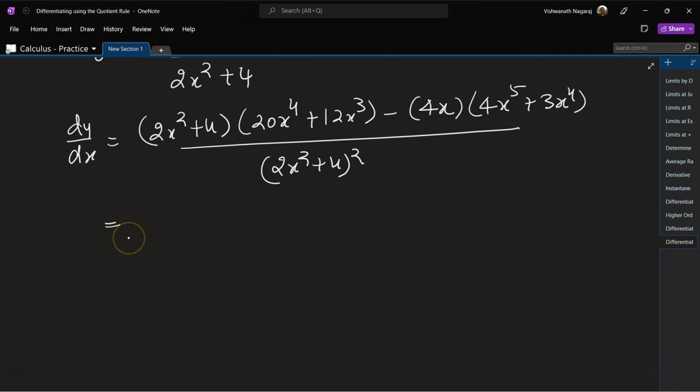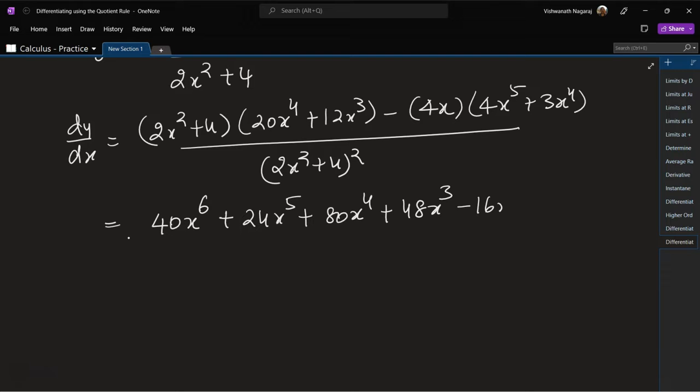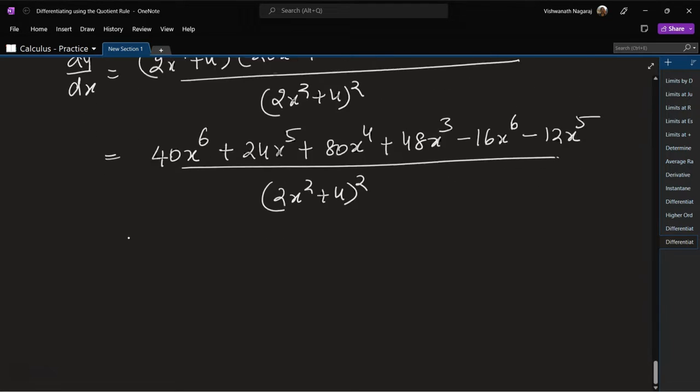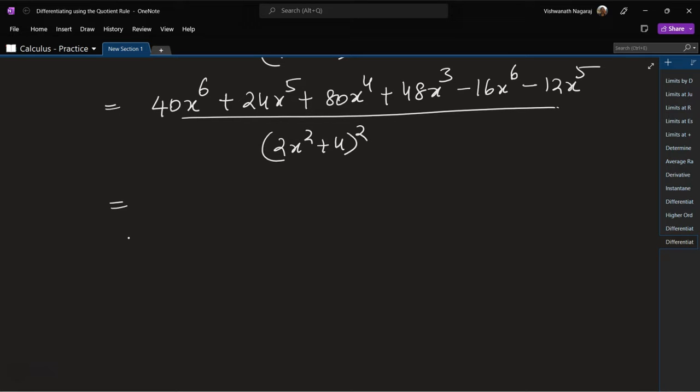Okay, which is equal to 40x^6 plus 24x^5 plus 80x^4 plus 12 fours 48x cube minus 16x^6 minus 12x^5, divided by 2x square plus 4 whole square.